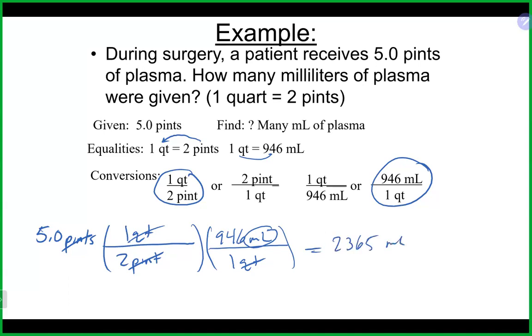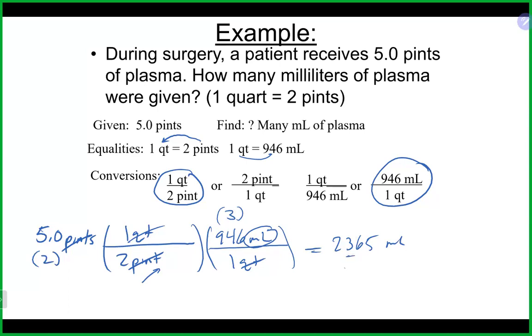milliliters. So now we need to think about what to look at. I believe this is an English to metric conversion, which means we should look at the significant figures here, right? That is going to be 3 for the 946. Here we don't have to worry about it because it's exact. Here we have 2. So our answer should end up with 2 significant figures.